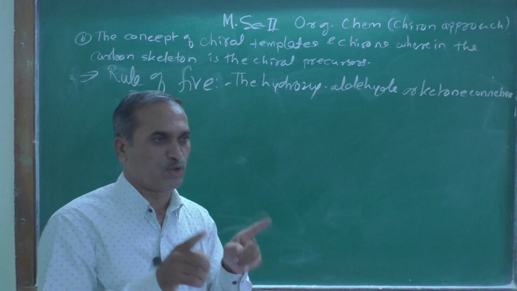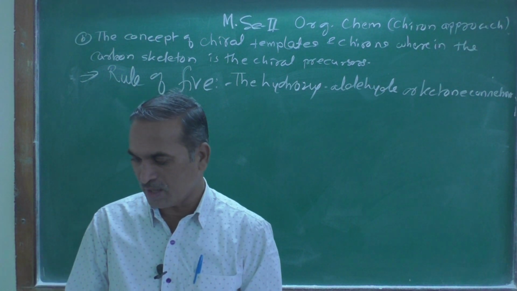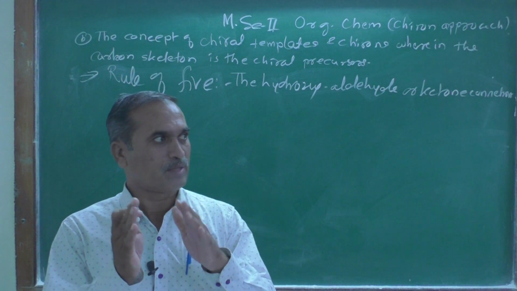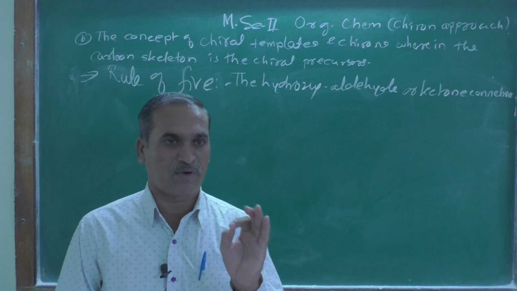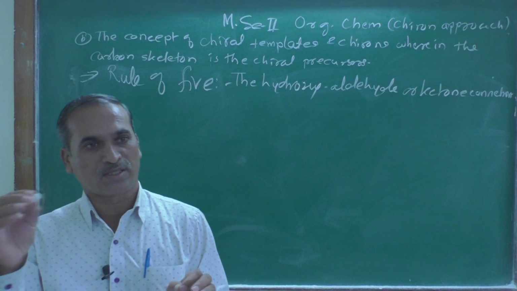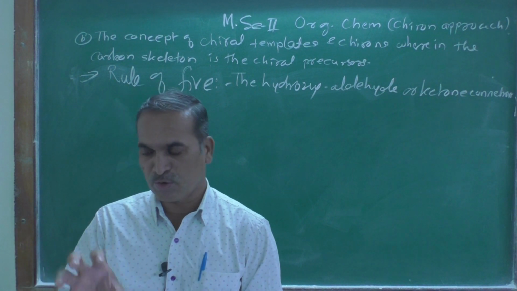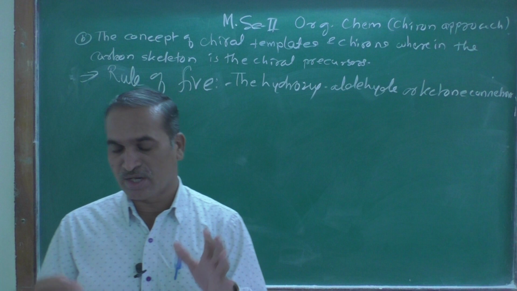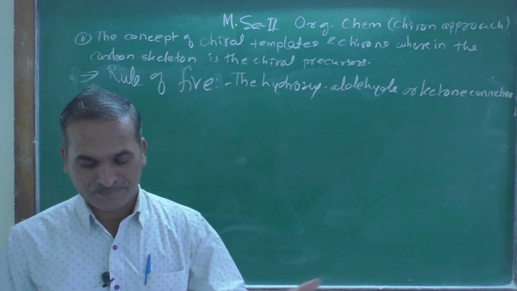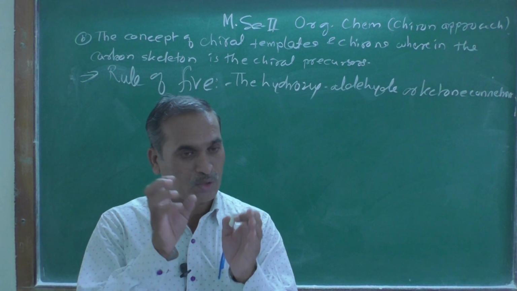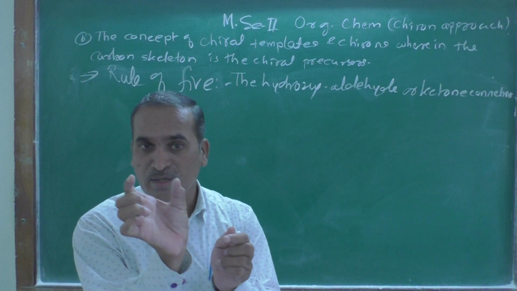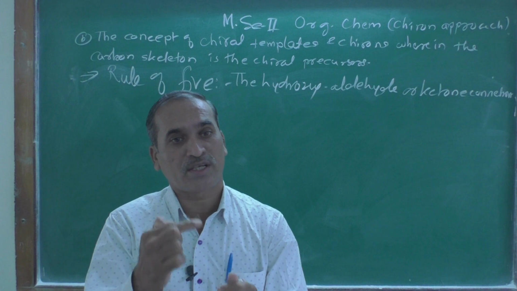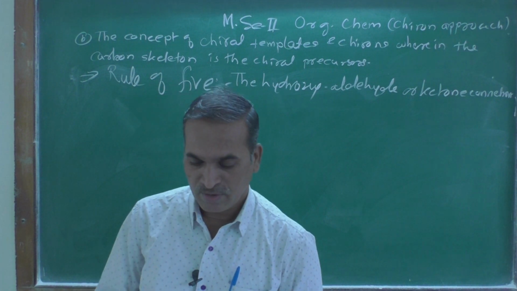For example, if you look at a sugar, specifically D-glucose, there are carbon atoms in the 5-membered ring or the open chain, and how to recognize the carbon skeleton or that segment is known as the rule of 5.